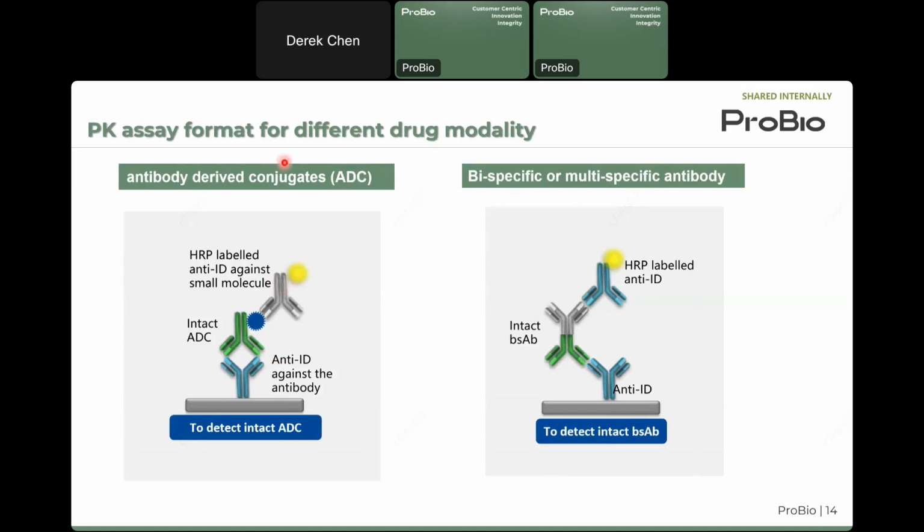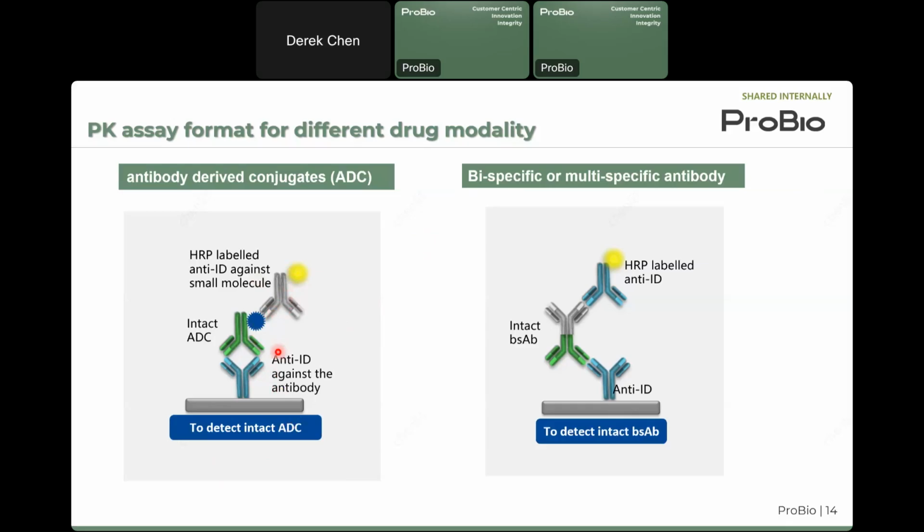The sandwich ELISA formats can be adjusted or manipulated based on different drug modalities. For instance, to detect intact ADC drugs, one anti-idiotype antibody is coated on the plate as a capture reagent, while another antibody specifically recognizing the small molecule toxins comes in as the detection reagent.